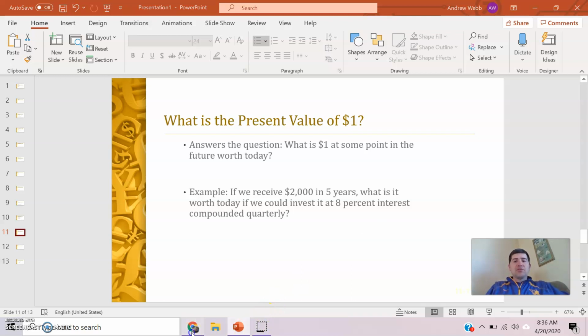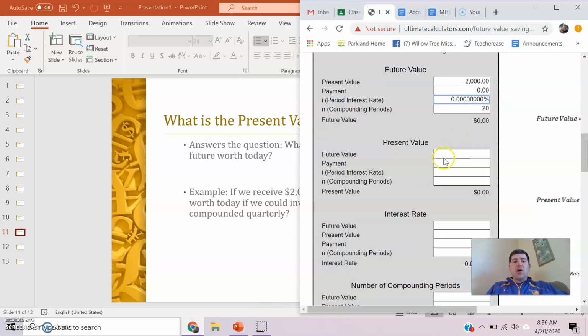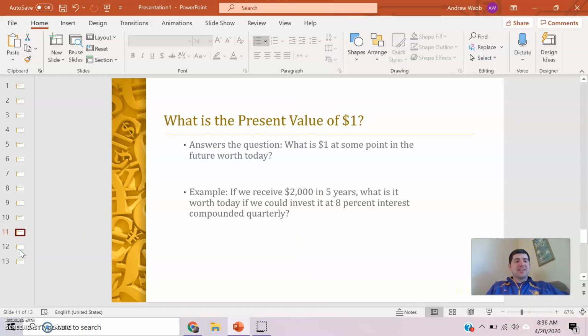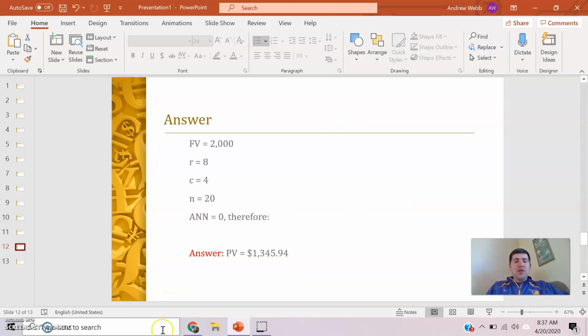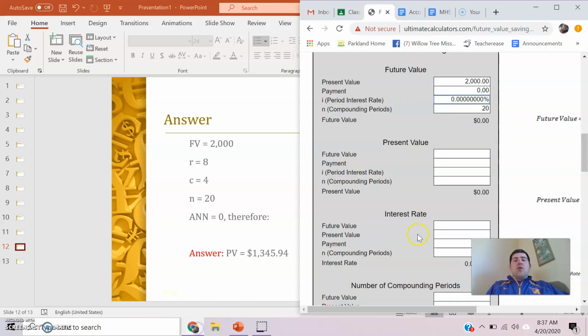And again, this goes back to using our calculator here. It does the exact same thing, we just move it. So we have a future value of $2,000. We have no payment. We're not getting any money beforehand or putting any money in.